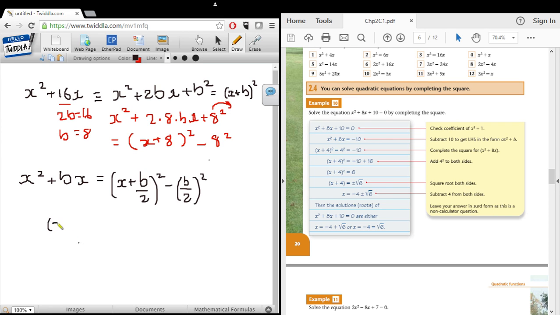Whenever you have x plus 4, I'll just use this example to elaborate, squared equals 6. Whenever you square root something, we get the temptation to just put the positive 6. But what we don't realize is, with this particular example, we have to always include the plus or minus sign. The reason is because, as we know, a negative multiplied by a negative gives us a positive, and a positive multiplied by a positive gives us a positive.